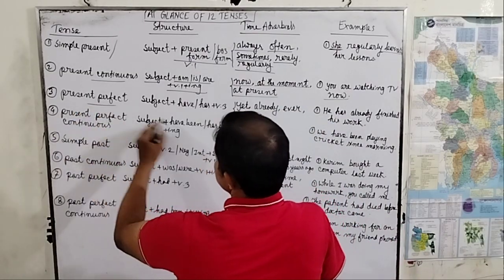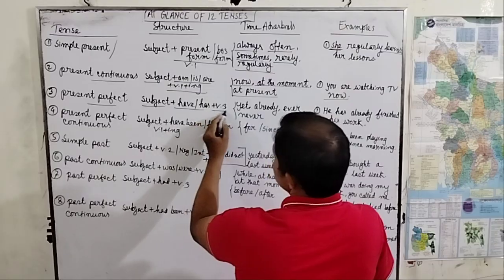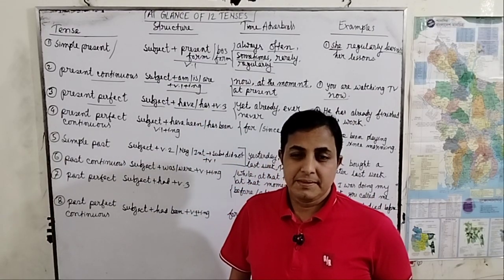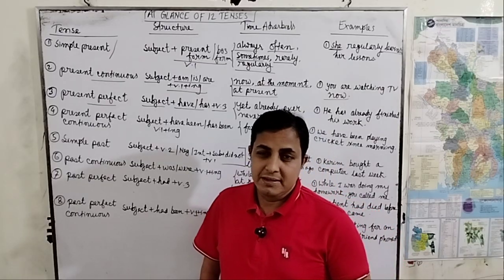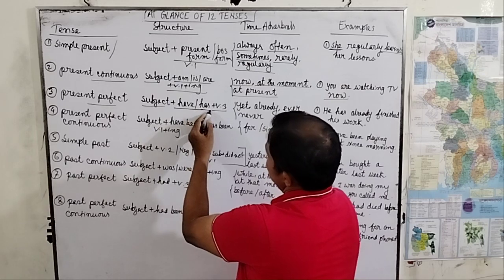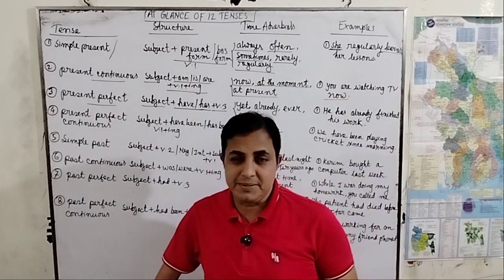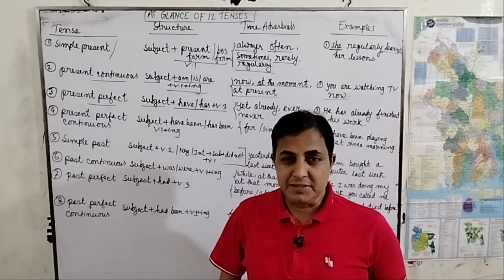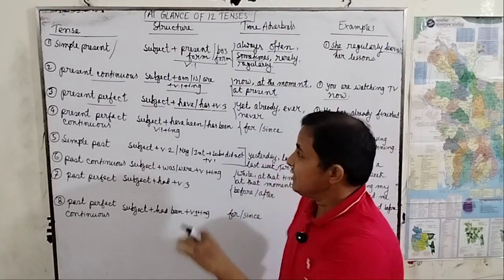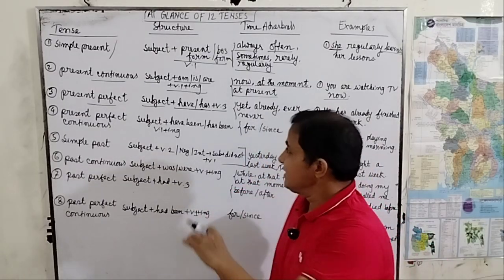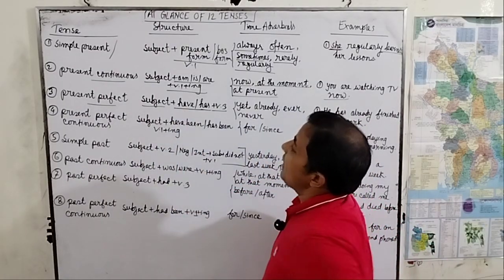Present perfect. Subject plus have/has plus V3. V3 means past participle. Again, after the subject, you have to choose the auxiliary verb according to the subject. Especially, singular subject takes has. Plural subject takes have.